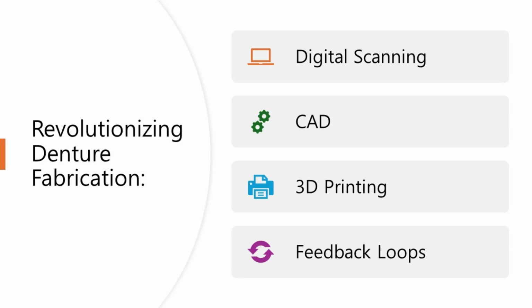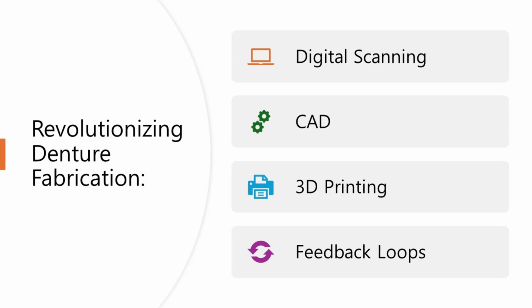Feedback loops. The integration of digital tools enables dynamic feedback loops. As patients test their dentures, precise data on fit and functionality is gathered. This data is then used to make any necessary adjustments in the CAD software.